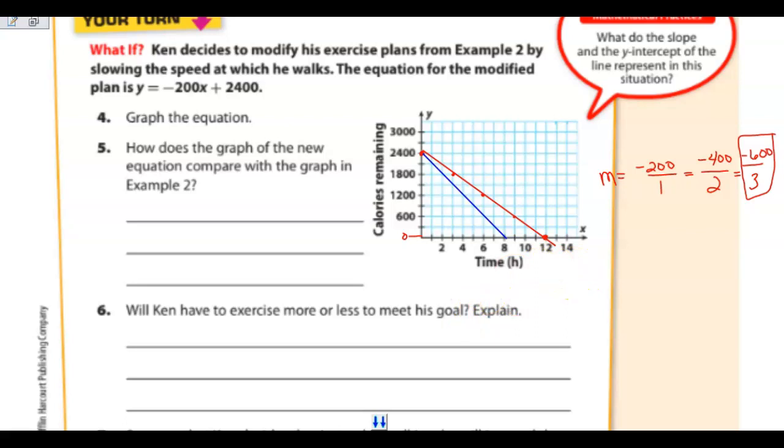And this one we found is taking 12 hours to burn 2,400 at the brisk walk. So this red one is actually shallower. It's a shallower graph, which means it's going to take longer to reach his goal.